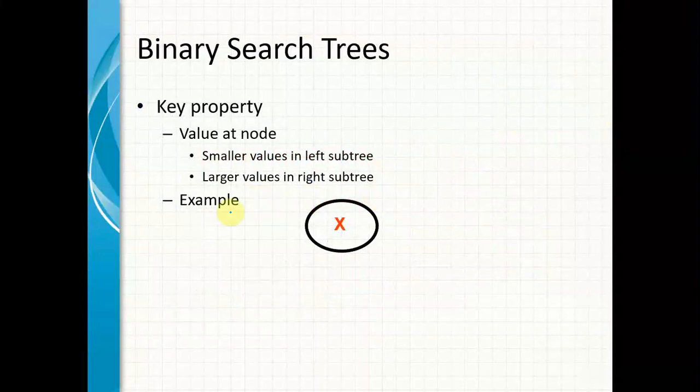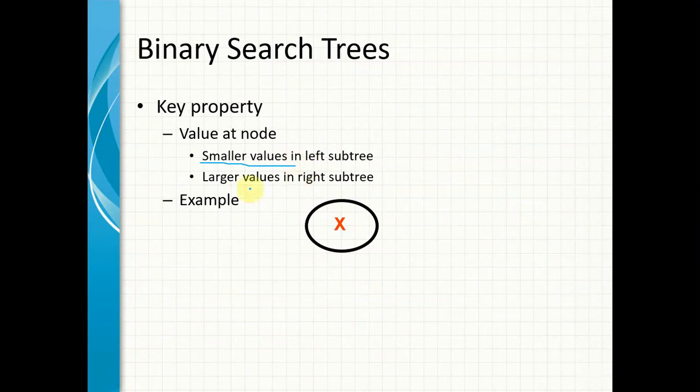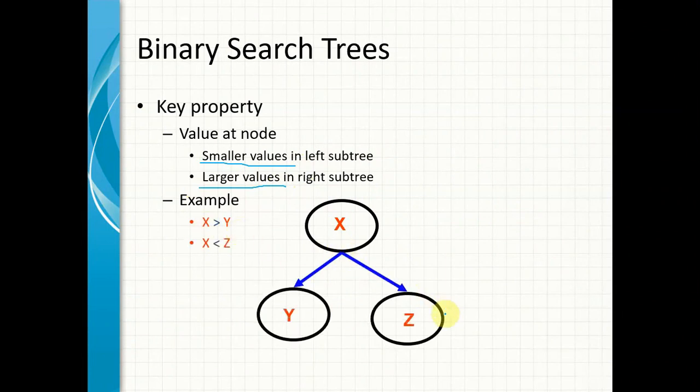The key property is that smaller values are in the left subtree and larger values are in the right subtree. For example, this x must be greater than y and x must be smaller than z. So it is a binary search tree.